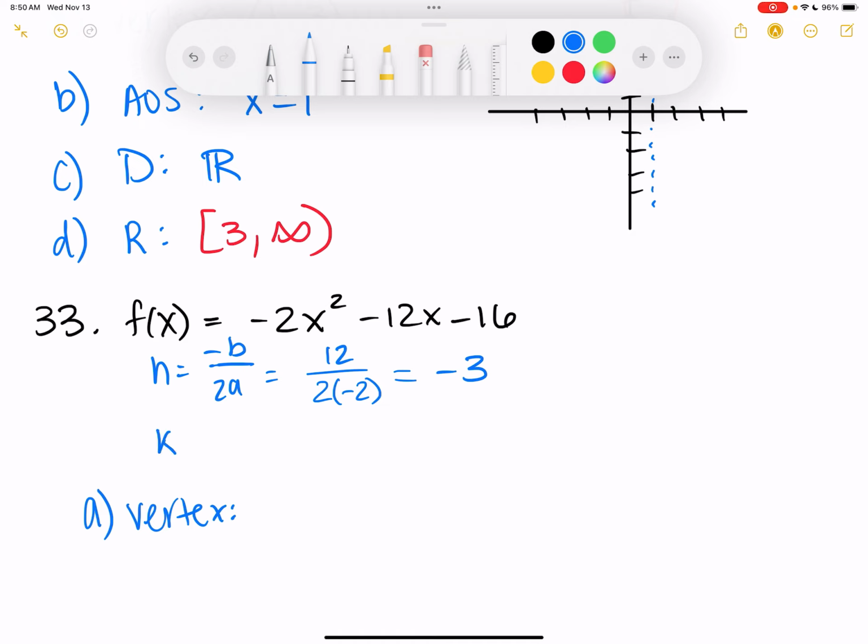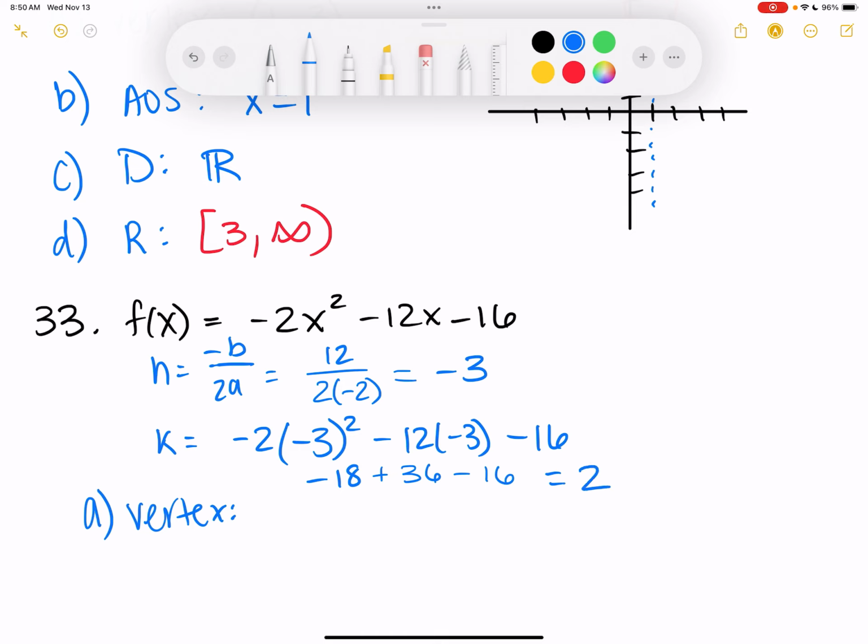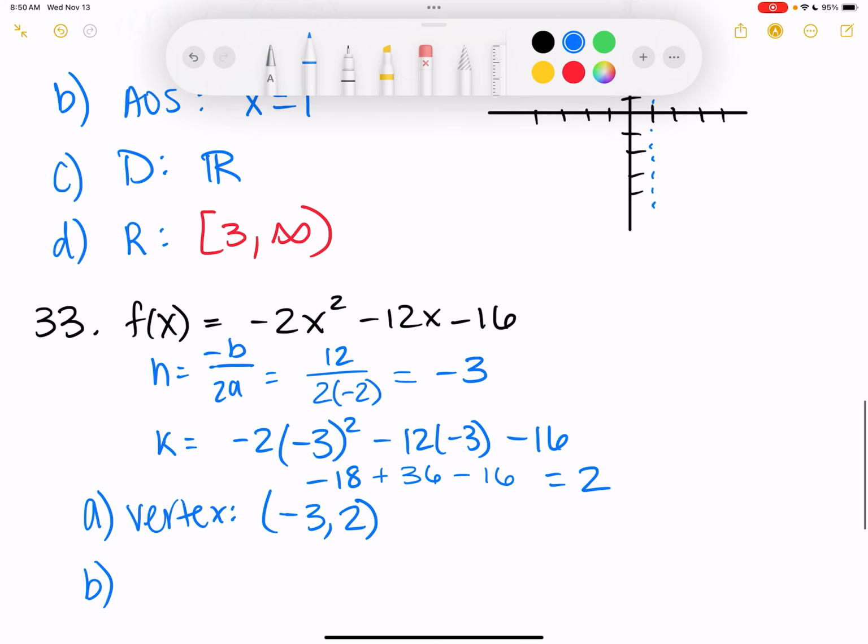And then for k, I plug in that value, so I get negative 2 times negative 3 squared minus 12 times negative 3 minus 16. So this is 9 times negative 2, so negative 18 plus 36 minus 16. Is that 2? I think. So my vertex is at (-3, 2). So my axis of symmetry is x equals negative 3.